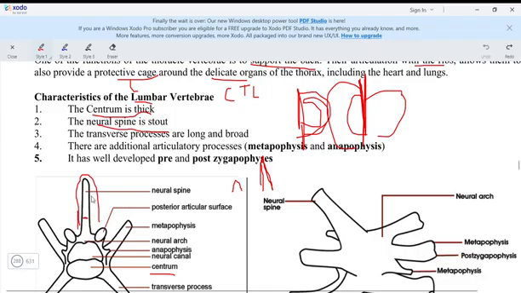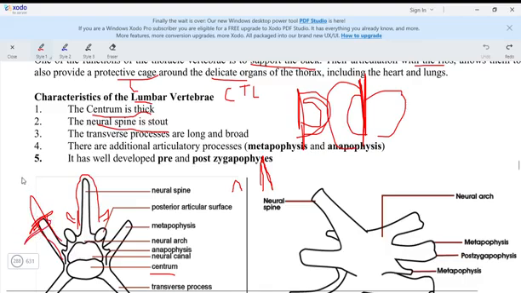So the neural spine is stout. Then the transverse processes are long and broad, instead of the tiny transverse process that we saw in the thoracic. You can see how long it is. Broad means wide. So, long and broad transverse processes.